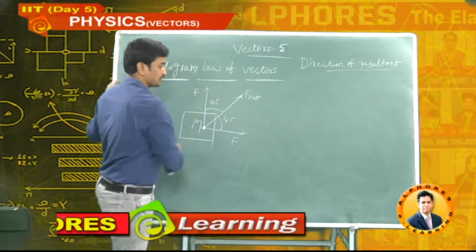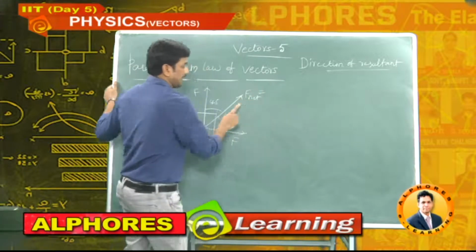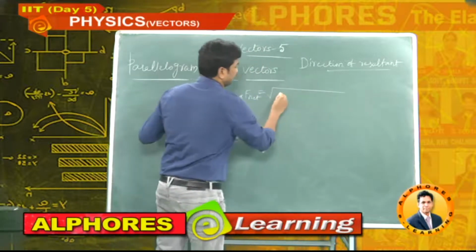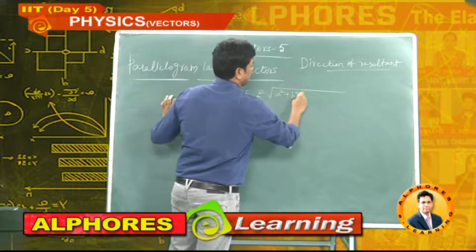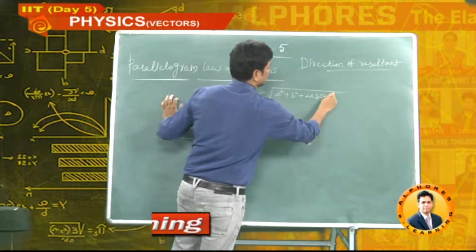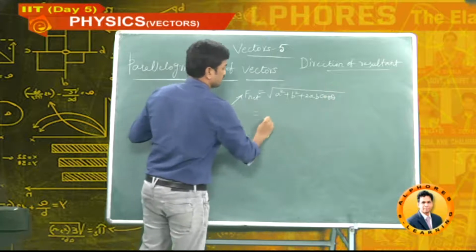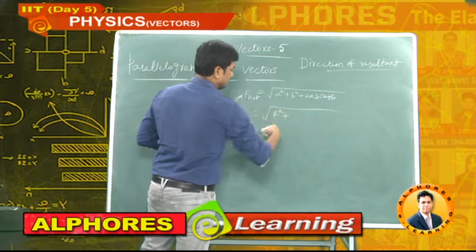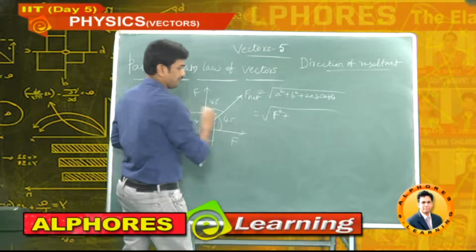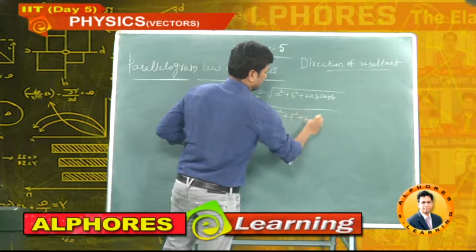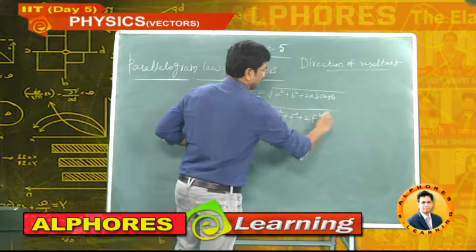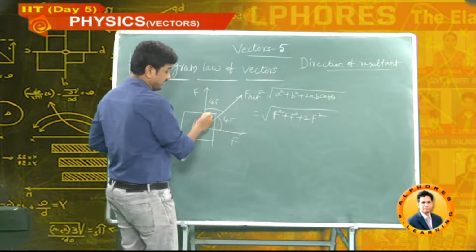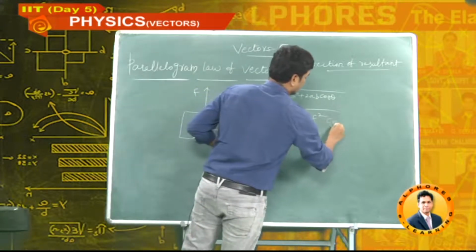Now what is the value of this? Magnitude of the resultant is under root of a square plus b square plus 2ab cos theta. What is a? F. What is b? F. So f square plus f square plus 2 times f times f. The angle between the two vectors is 90, theta is 90, cos 90.